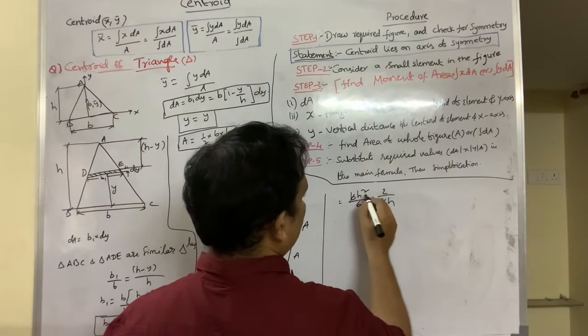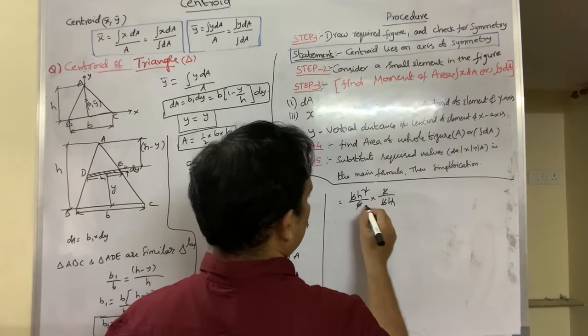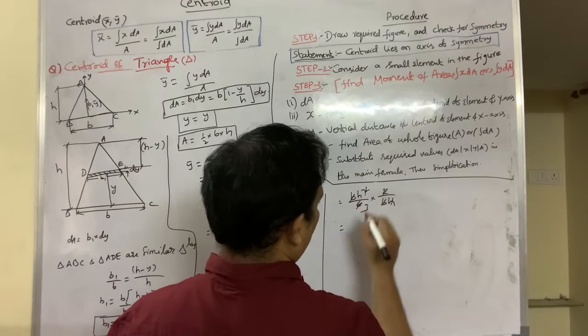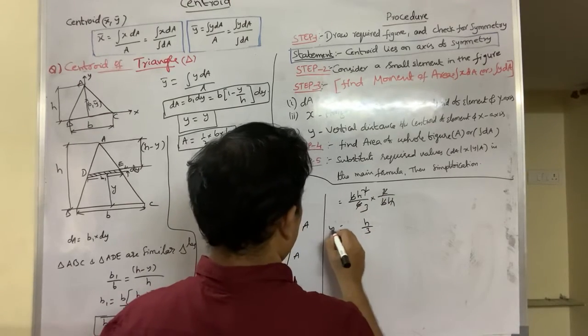B gets cancelled, H one time, and 3 times. So finally H by 3, this is y bar.